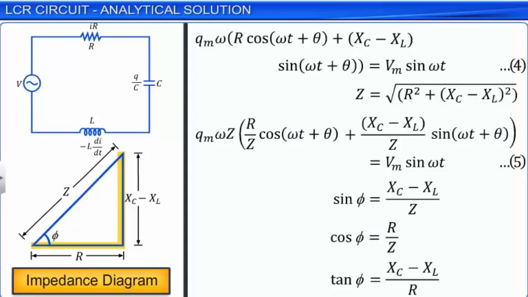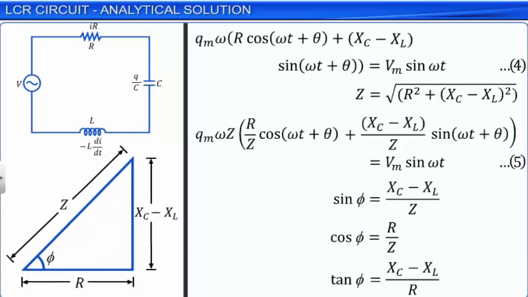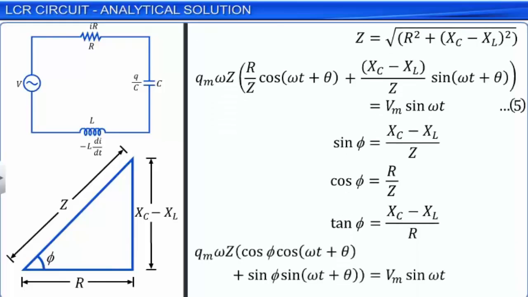Substituting the values of cos φ and sin φ in equation 5, we get Qm ω Z [cos φ cos(ωt + θ) plus sin φ sin(ωt + θ)] is equal to Vm sin ωt. This can now be written as Qm ω Z cos(ωt + θ minus φ) equal to Vm sin ωt.